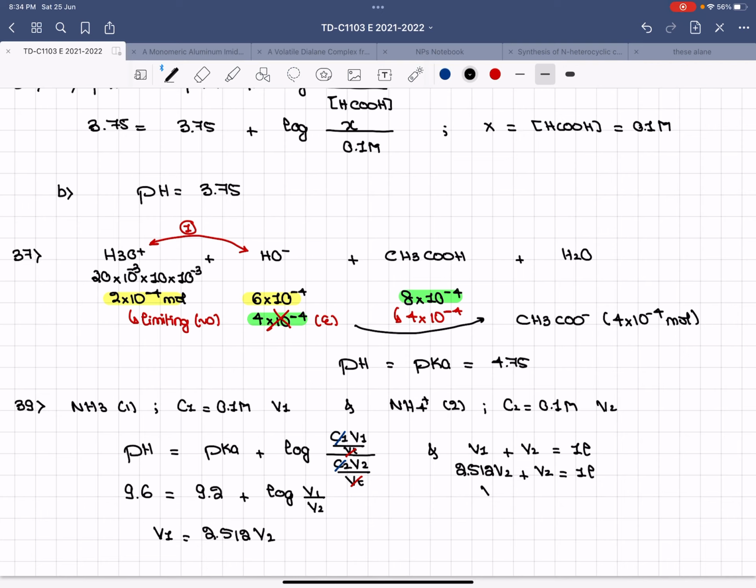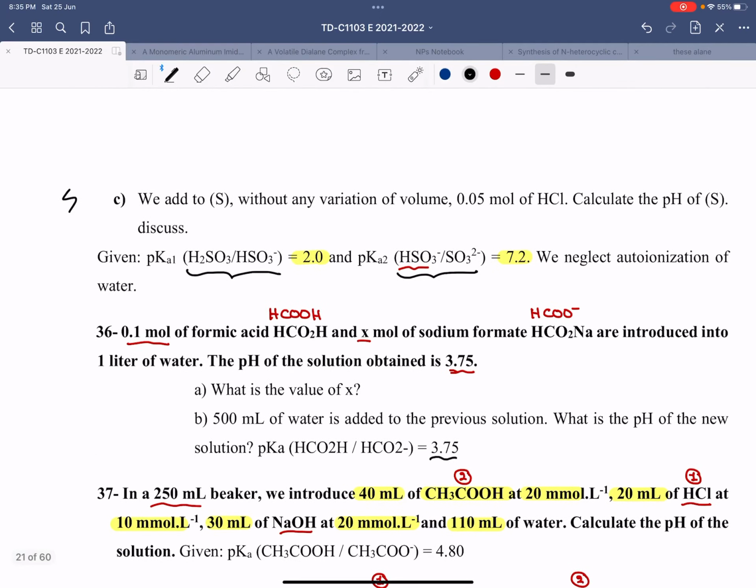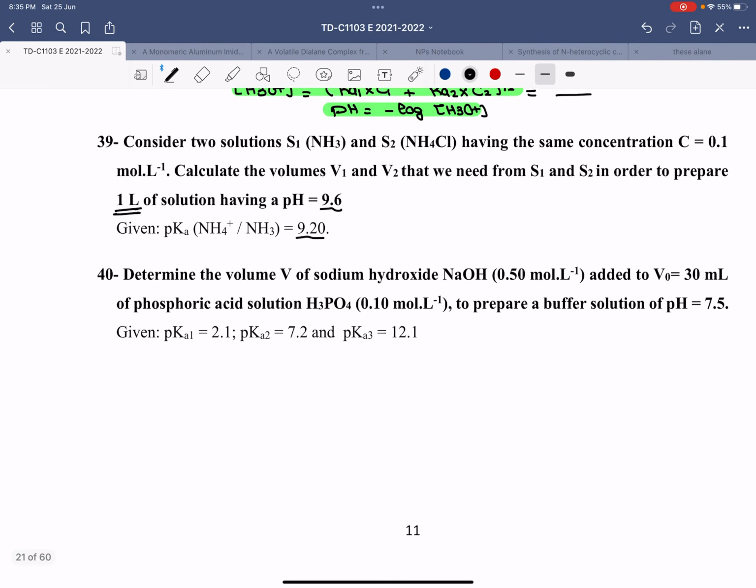It means V2 is 1 liter divided by 3.512, which is 0.285 liters, 285 milliliters, and V1 is basically 285 times 2.5, which is 715 milliliters. Very simple. This is basically just math. That's 39, now 40.